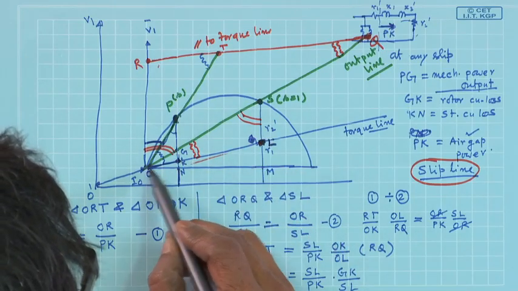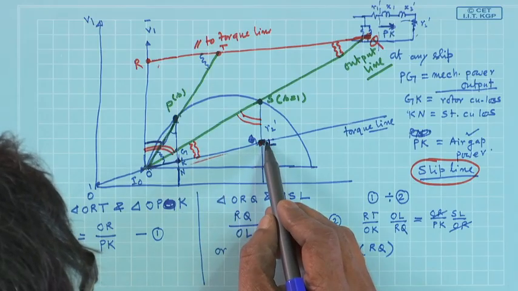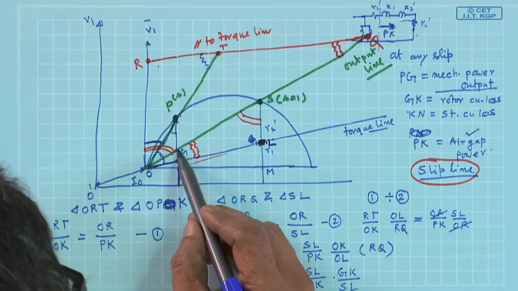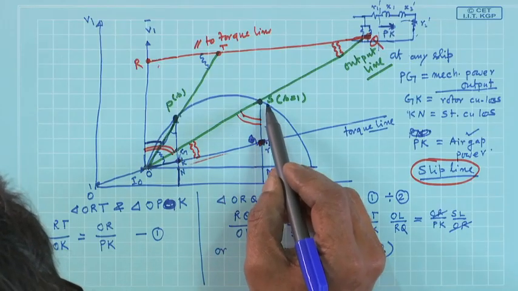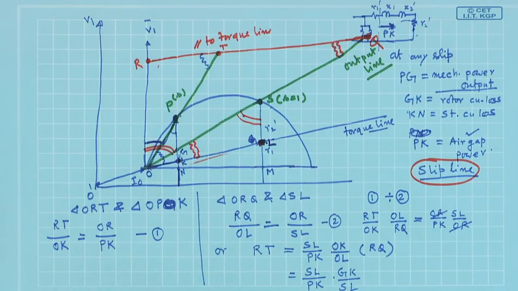So this OK by OL will also be equal to GK by SL, and then SL goes and you are left with, of course, RQ is there, and this is equal to GK by PK into the length RQ.